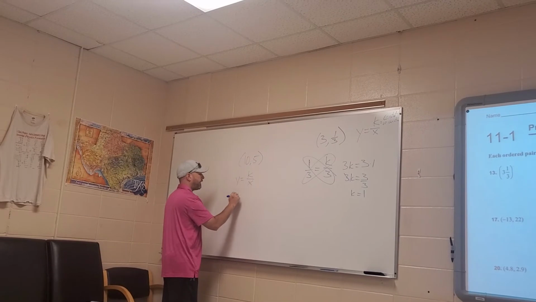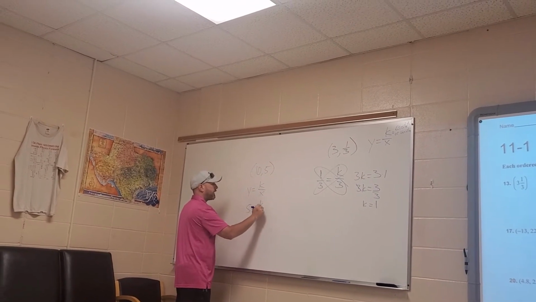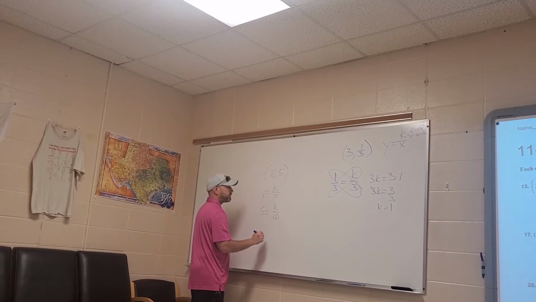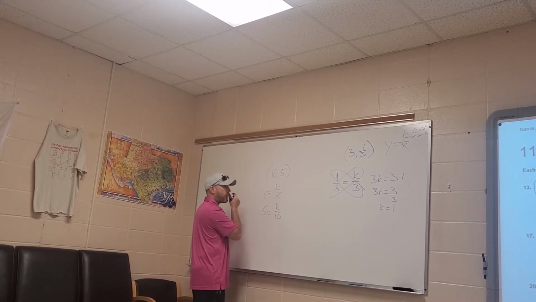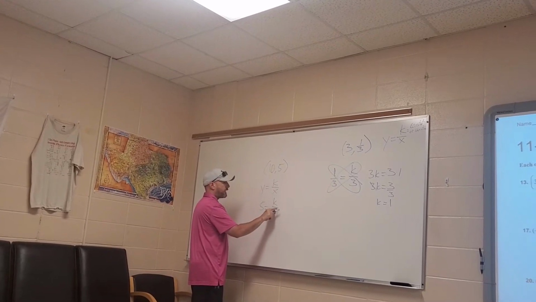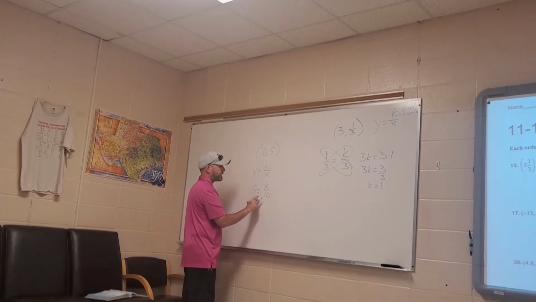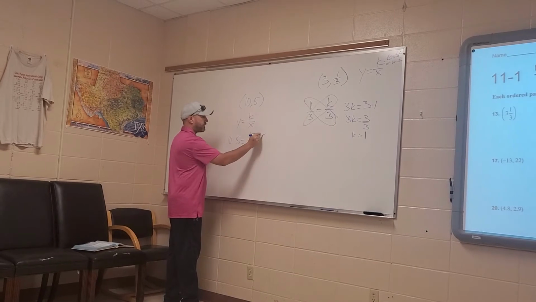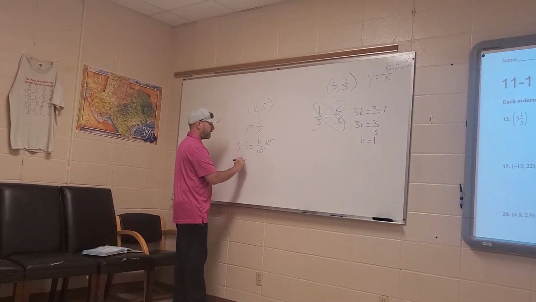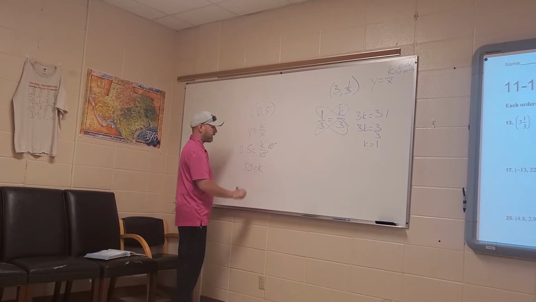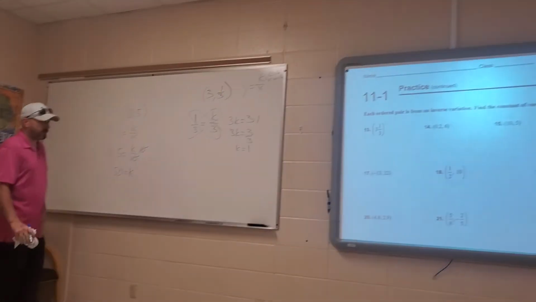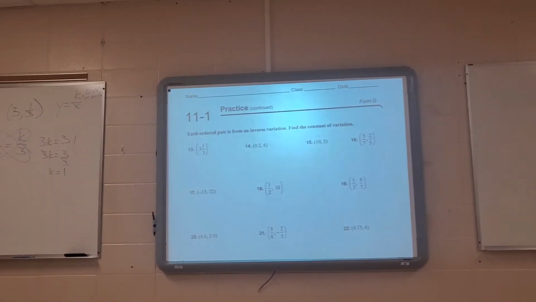So you have 5 equals k over 10. Okay, and if I'm going to solve this, I need to get this 10 over here to get k by itself, so I multiply both sides by 10. Those 10s cancel, and you get 50 equals k. Alright, so the rest of these you're just going to solve this same way. Okay?